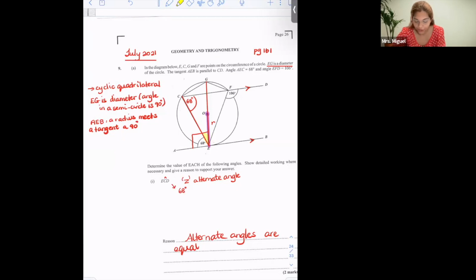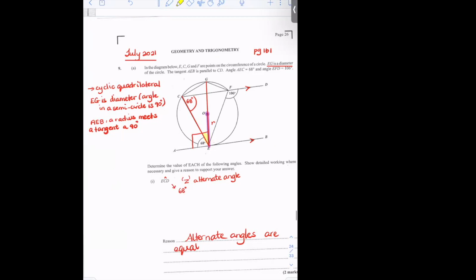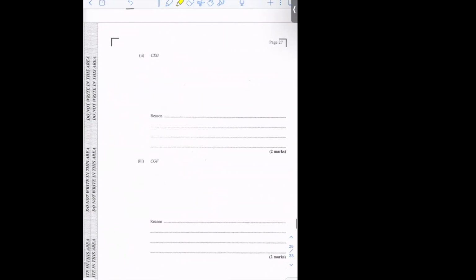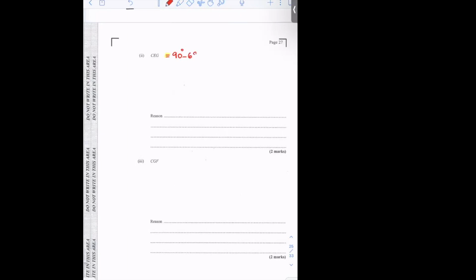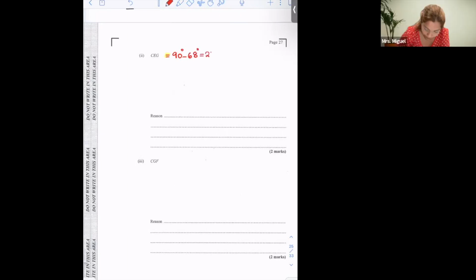What is the measure of the angle? How much is it? 22 degrees. So it is 90 degrees minus 68, which is 22. So 1 mark for that.